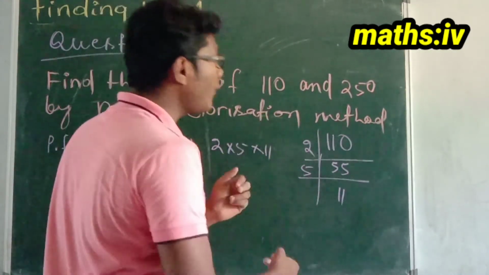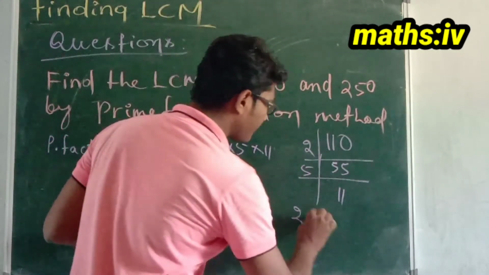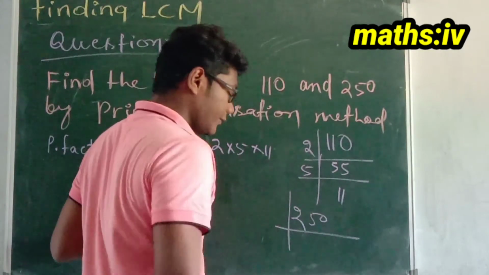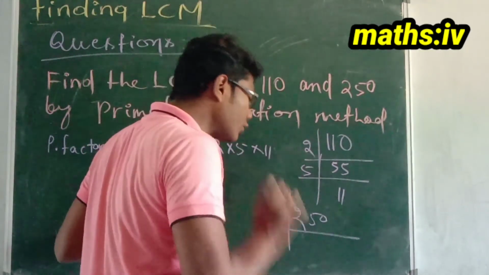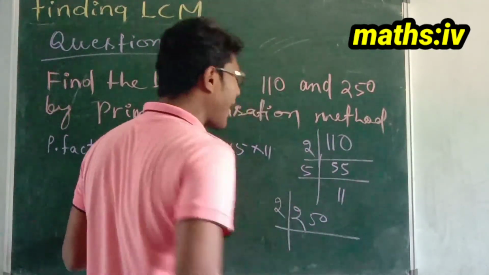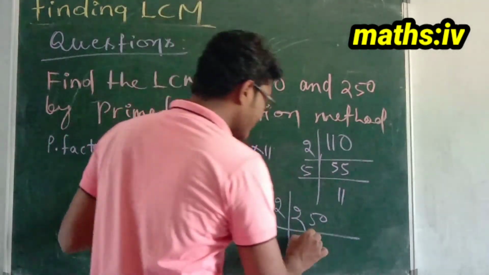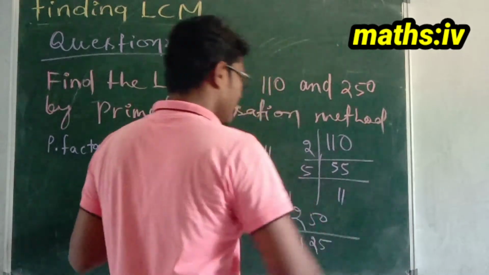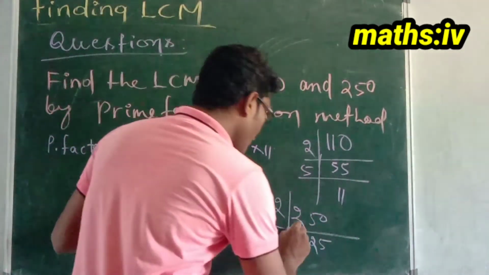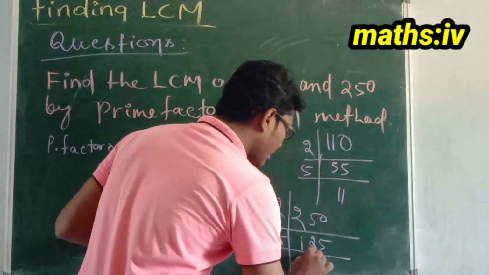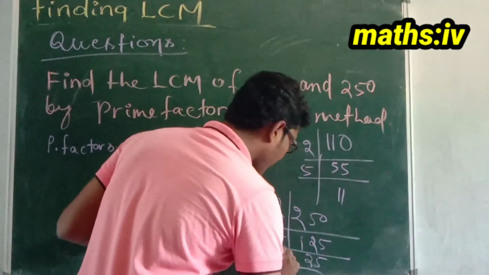Again, in the same way, we have to find the prime factors of 250. So, students, what to do? You know that firstly we have to factorize the number by 2. So 2 1s are 2 and 2 25s are 50. Clear? Now it is divisible by 5 only. So 5, 25 and again 5.